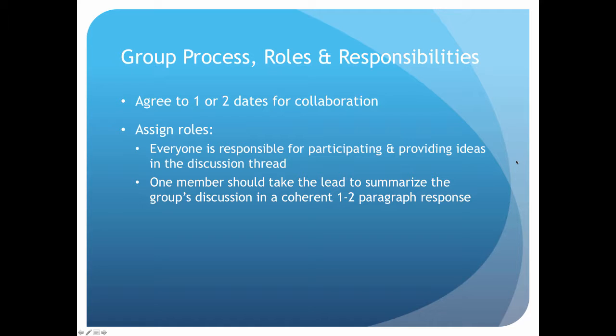Everybody is responsible for participating and providing ideas to the discussion thread. One member should take the lead to summarize the group's discussion in a coherent 1 or 2 paragraph response, so that you all don't write it, only one of you does. Make sure you all agree to it, because once it's submitted, that's the one that I grade.